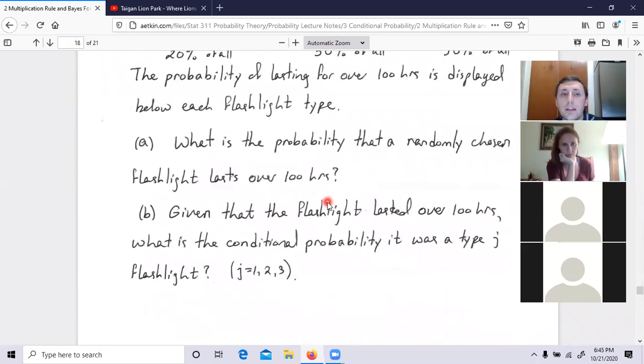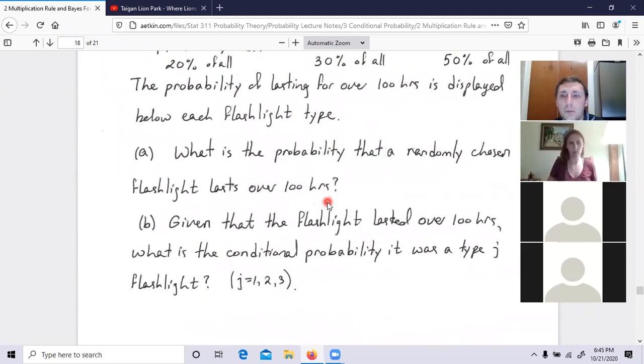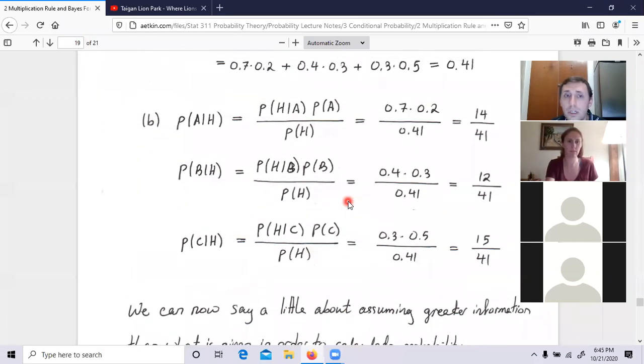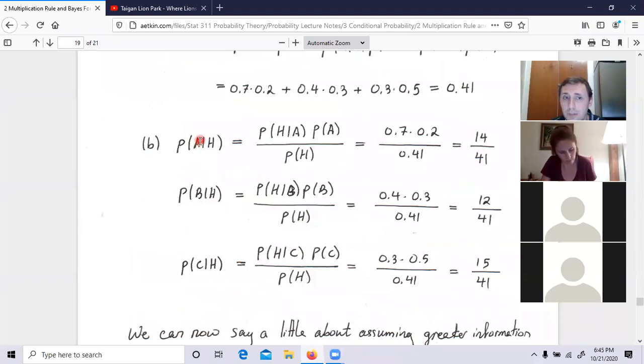Good. Now the second part of this question is asking, given that the flashlight lasted over 100 hours, what's the conditional probability it was of type J for J 1, 2, 3? Because we're running out of time, I want to quickly just read it off, right? So the probability it was type A, given it lasted more than 100 hours. We already calculated the denominator. We know what it is, right? It was 0.41 for all of them.